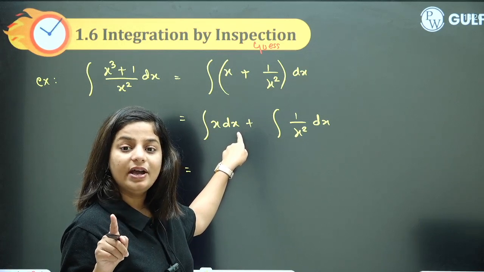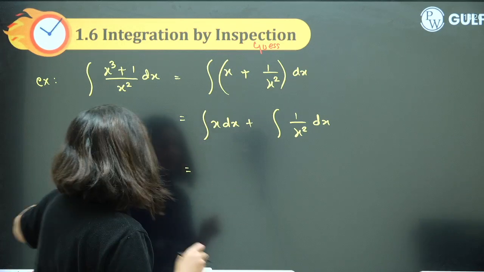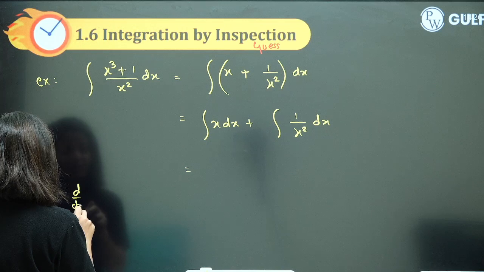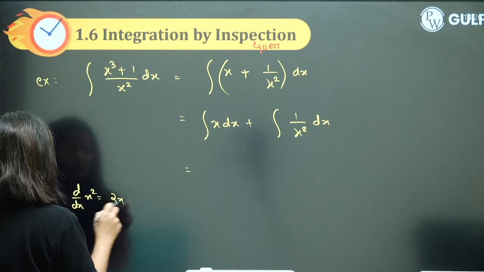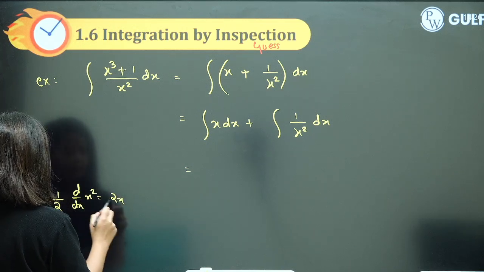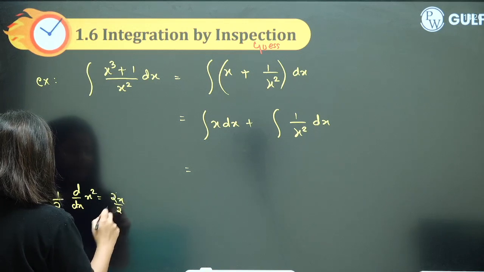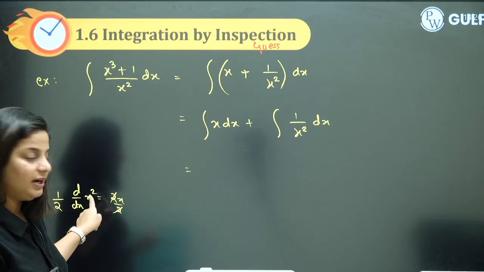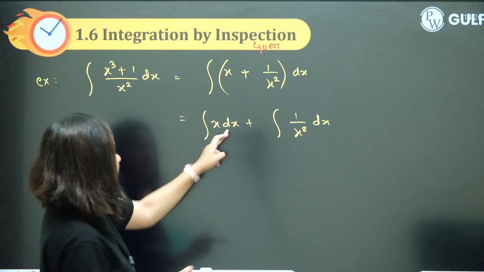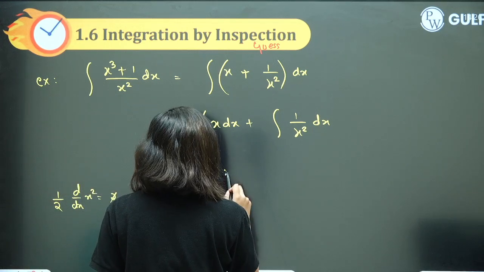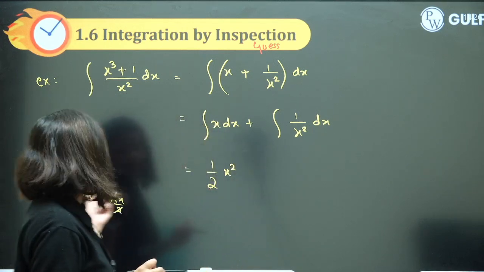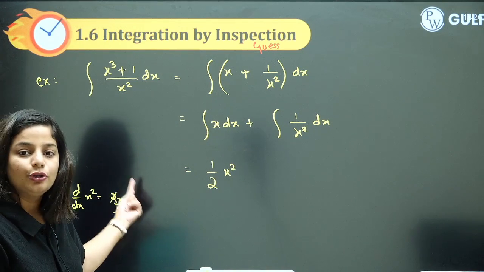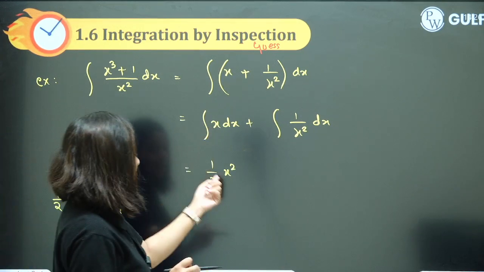Derivative of x square is 2x. Isn't it? Inspection means the reverse method. Derivative of x square is 2x. So derivative of 1 by 2 x square will be x. If derivative of 1 by 2 x square is x, so integral of x will be 1 by 2 x square.